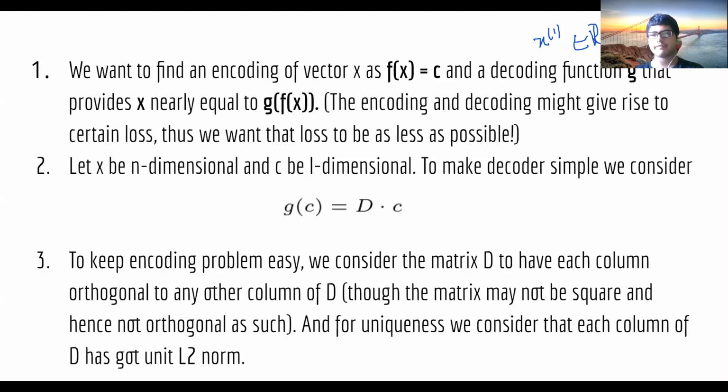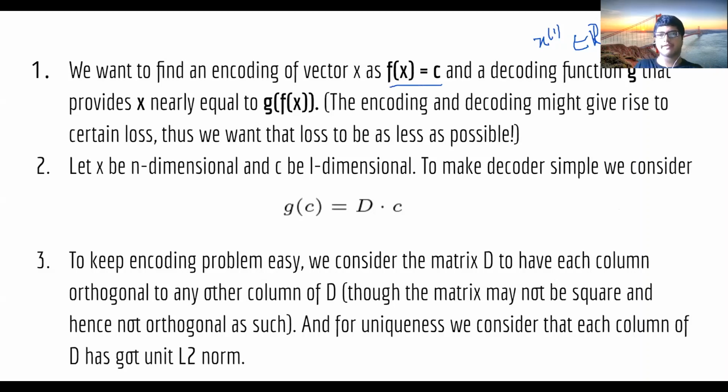For instance, I'm going to find its encoding as f(x) equal to c, let's say in L dimensions, where L is less than n, so that I can obtain the data in less memory space and also avoid losing much of the variance. So this is important.